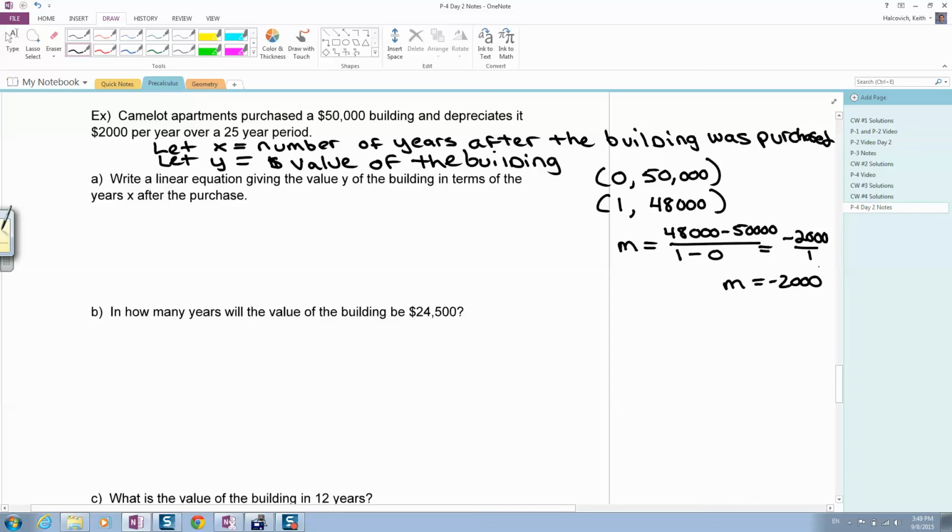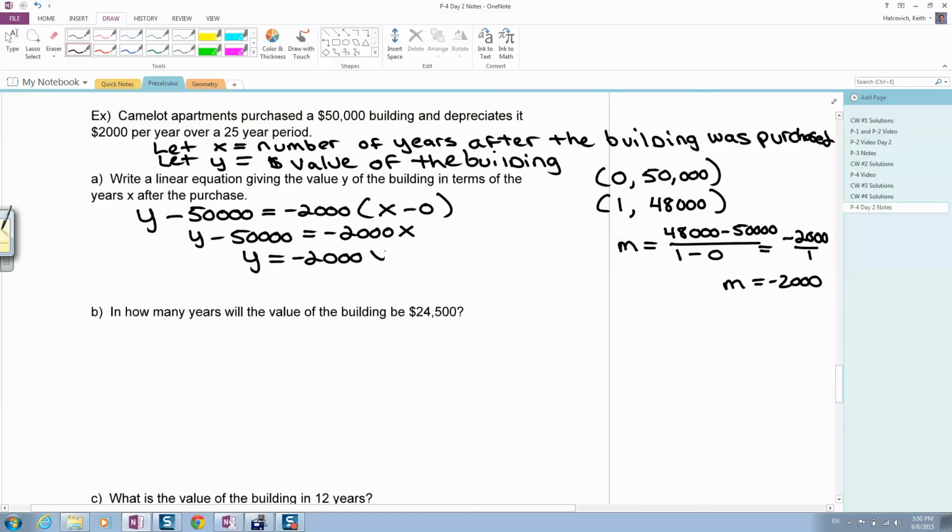Which means our linear equation, y minus 50,000 equals negative 2,000 times x minus 0. So then we solve, so we get y minus 50,000 equals negative 2,000x, and then you add, so you get negative 2,000x plus 50,000.